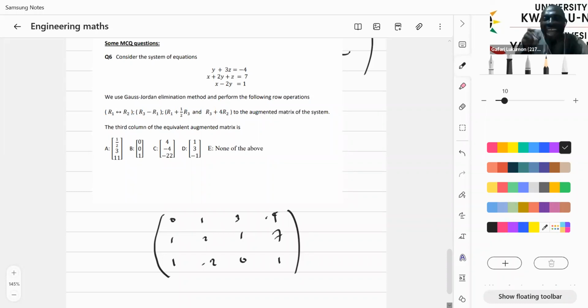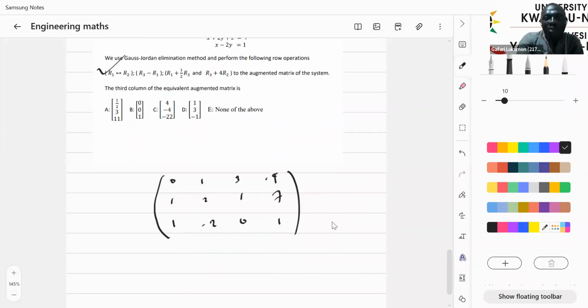The first rule here is to interchange row 1 with row 2. If you interchange row 1 with row 2 here, what are we going to have, guys? The first thing I ask you to note is that what you must have as the first element is 1 on top, and this is not 0.